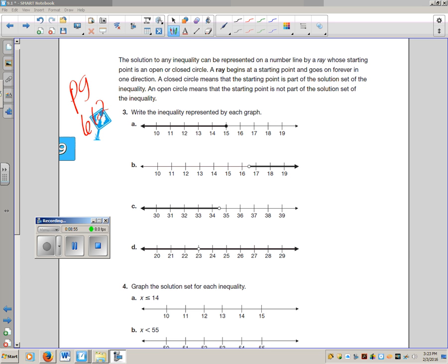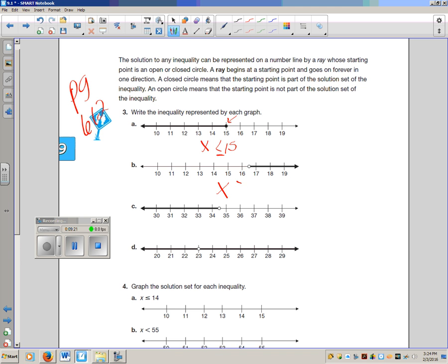On page 612, number 3, we're going to write the inequality represented by each graph. So it's 15. We're going left. So x is less than 15. Notice how it's closed. X is less than or equal to 15. For B, I'm going to use x again.